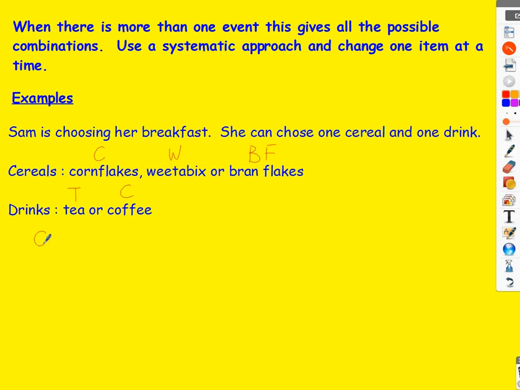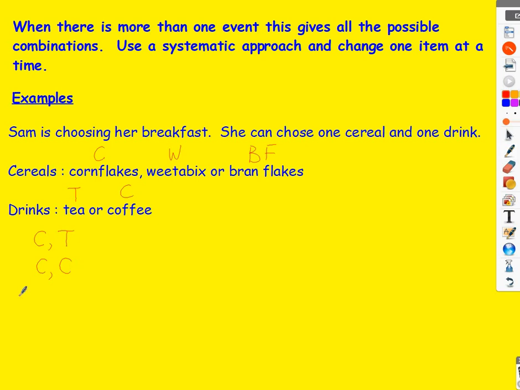So cornflakes is my chosen cereal, and I'm going to go for the first drink option, which is tea. So this option means Sam has chosen cornflakes as a cereal and tea as a drink. We're going to change one item at a time. So I'm going to keep cornflakes as my cereal, but change the drink. So instead of cornflakes with tea, we're going to go cornflakes with coffee.